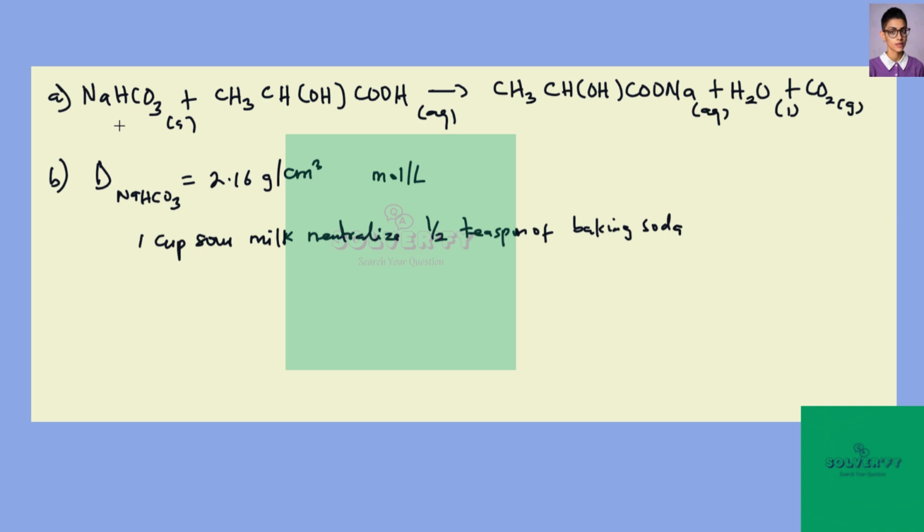So we have to calculate the concentration of lactic acid in 1 cup of sour milk, and that is going to be in the 1 mole of lactic acid. And 1 cup is 236.6 milliliters.